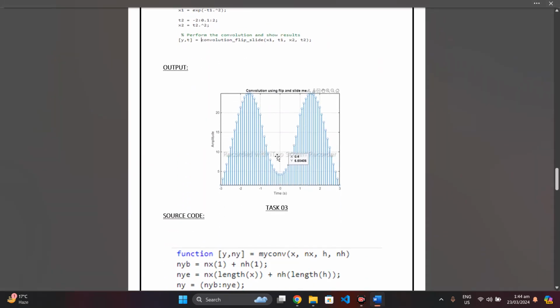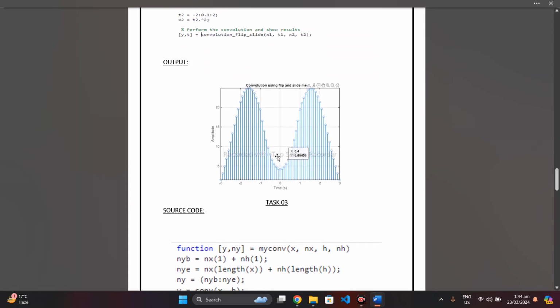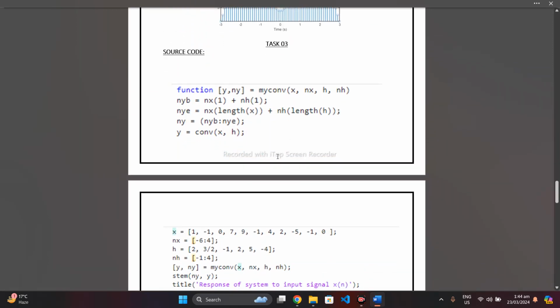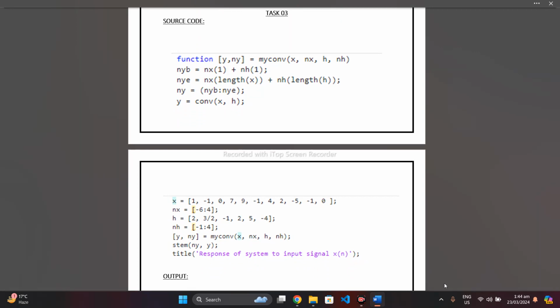Like this. Now we move toward task number 3. So in task number 3, first we define a convolution function, then define NYB, NYE, and NY.